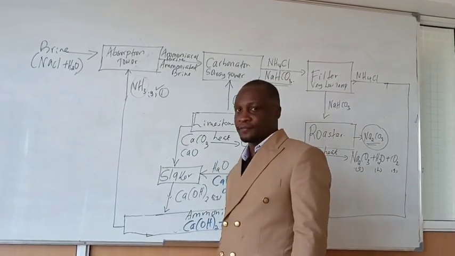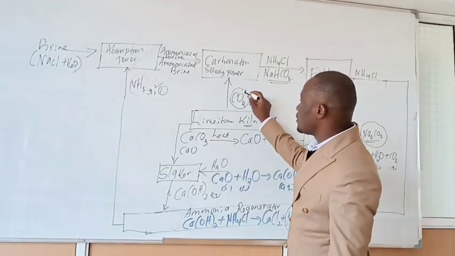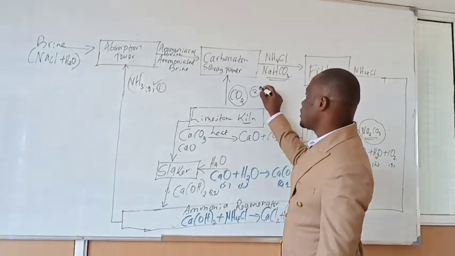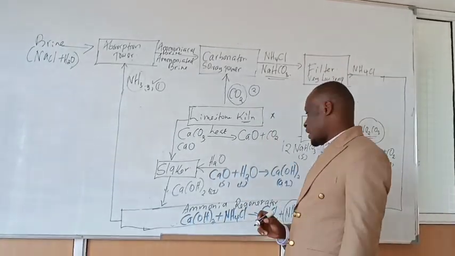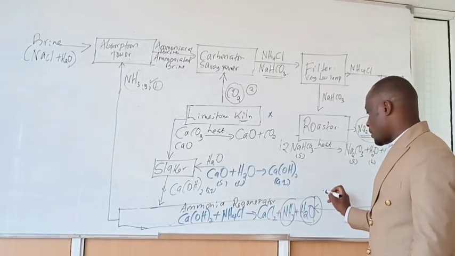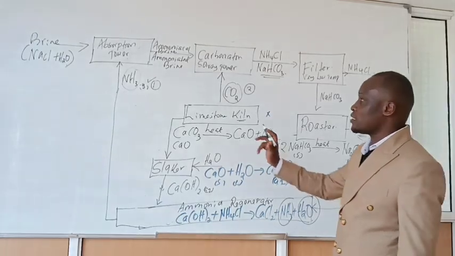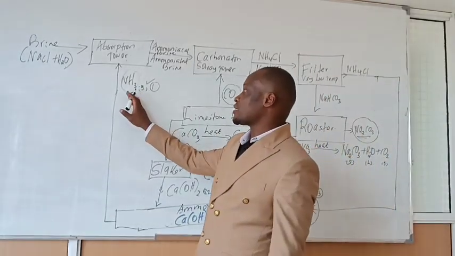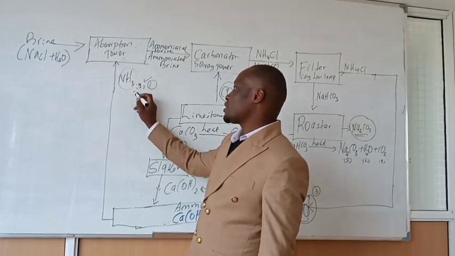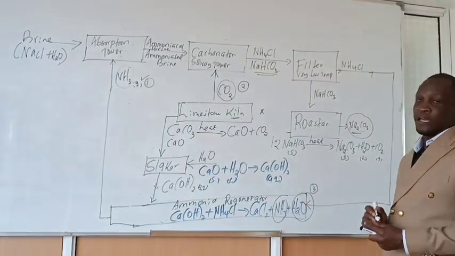Another one is carbon 4 oxide coming from the limestone kiln. And lastly, it is water produced in the ammonia regenerator. So when you are asked for the substances that are recycled in this process: ammonia gas, carbon 4 oxide gas, and water.